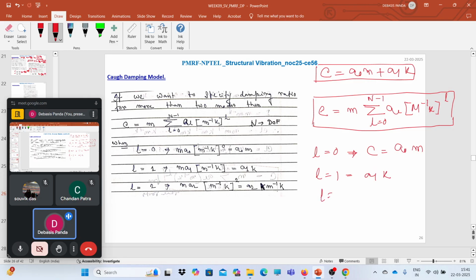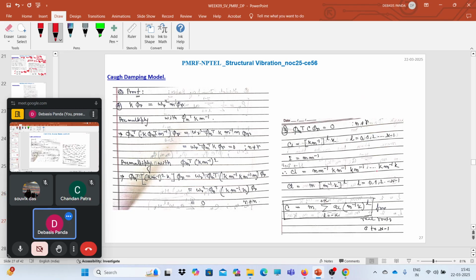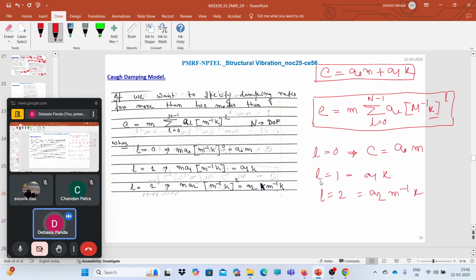Now L equals 2, you can have a2 M inverse K. Just put all this in this equation and you will find that the coefficient terms will increase. If I want to use two terms, I can add them up. Say L goes up to 1, so it will have L equals 0 and L equals 1, two parts. If I consider L up to 2, that is L equals 0, 1, 2, three parts. That means a0 M as per this, a1 K again as per this, and the next term.